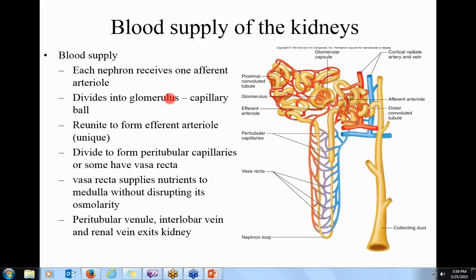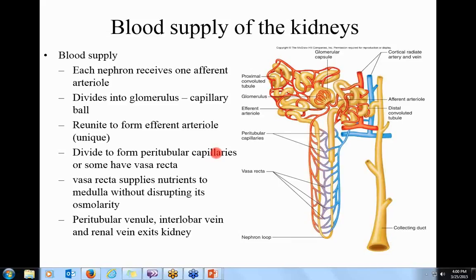This capillary ball is unique because what leaves the glomerulus is another arteriole, this time efferent, meaning leaving. It divides to form the peritubular capillaries. These are the capillaries where bulk flow occurs and nutrient exchange.